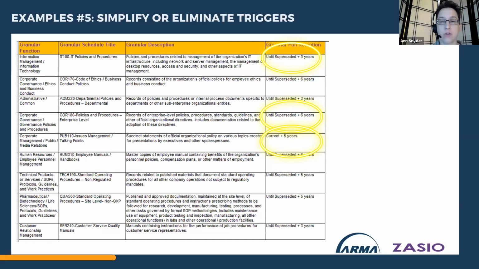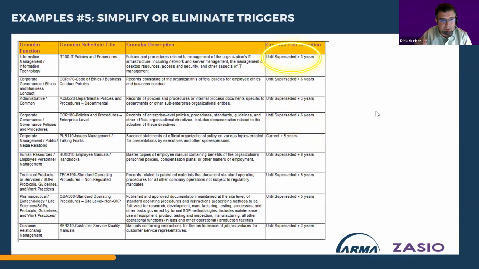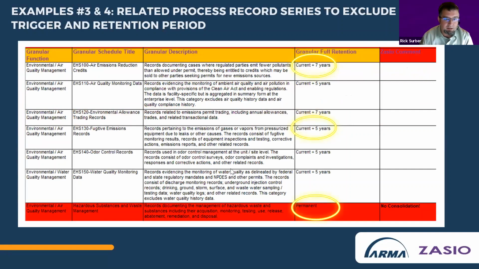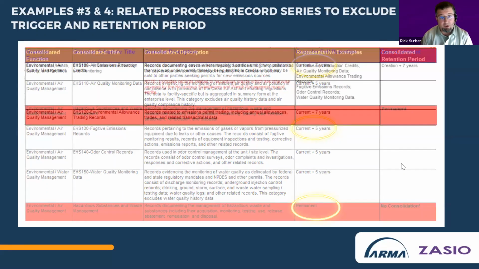I was going to say, for example, using that air emissions example, back to that one that we just did, another one that you could group with that potentially would be the permits that go along with that process. The problem, though, is that those permits may last for a number of years, and they're different. They vary between 5 years, 3 years. Some of them are annual.